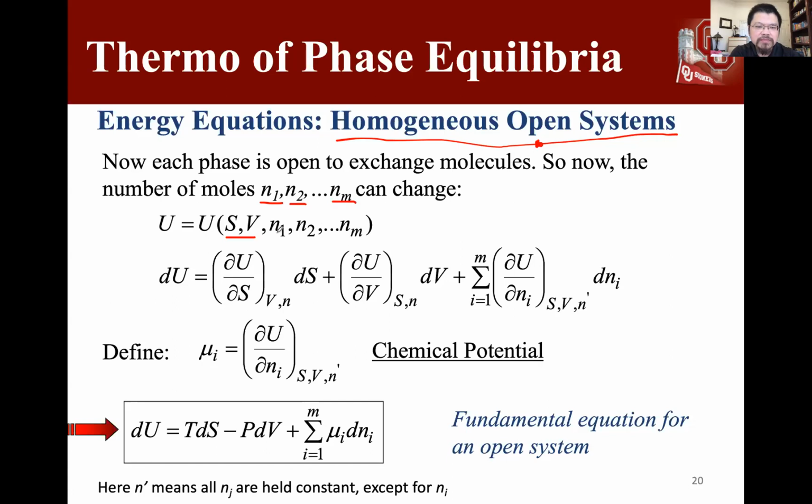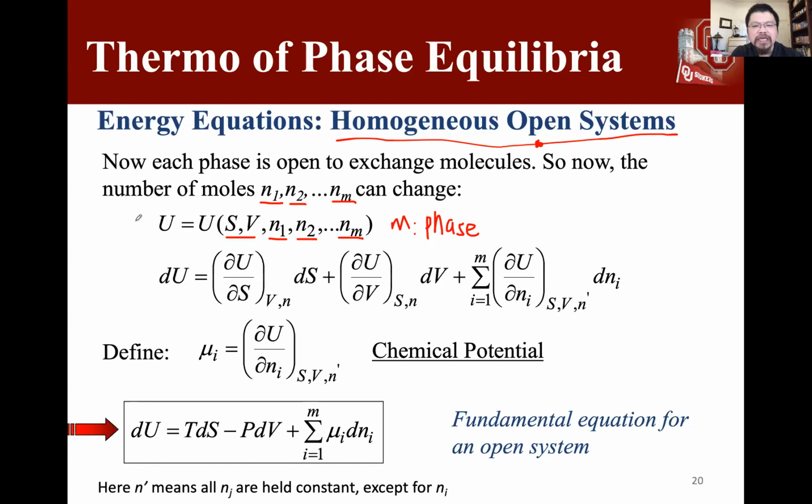If we want to completely describe the system, and we are using the internal energy, which is a function of entropy and volume, then except for entropy and volume, we need to describe how many molecules are in each of those phases. So here n is the number of phases.